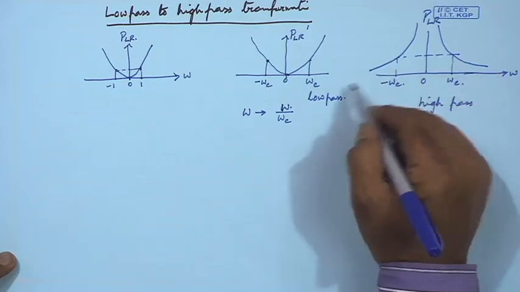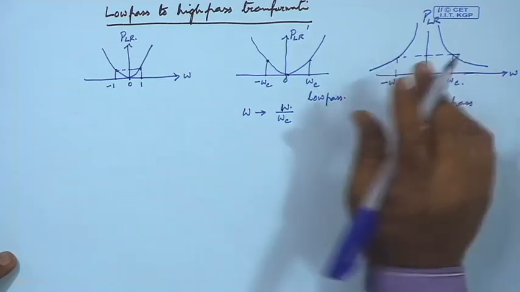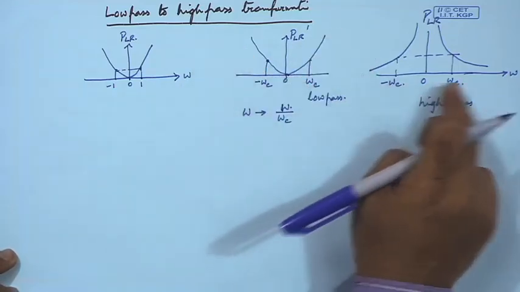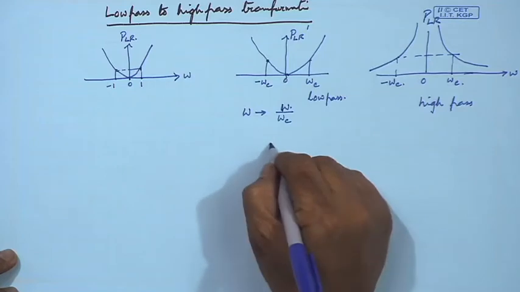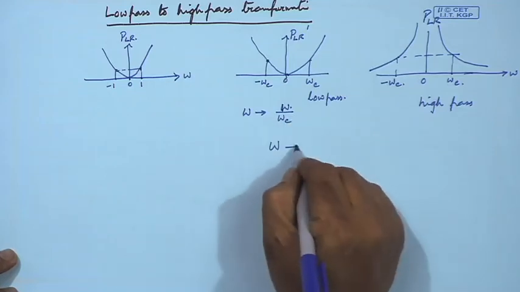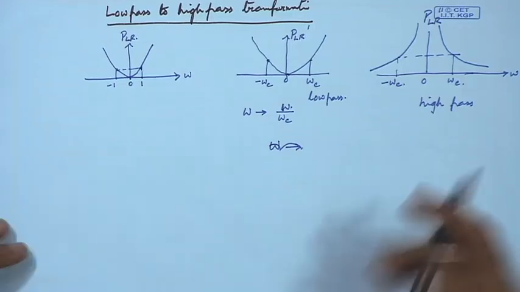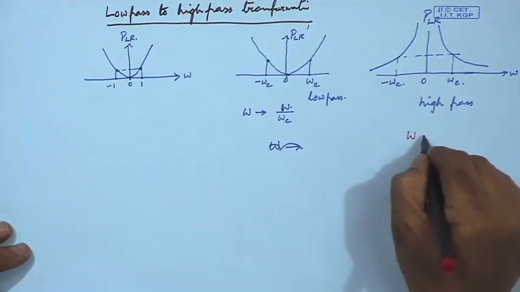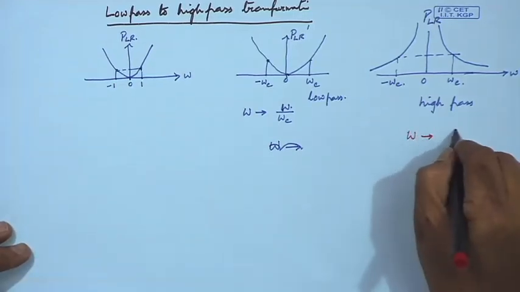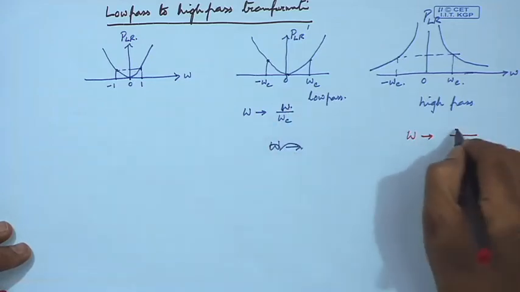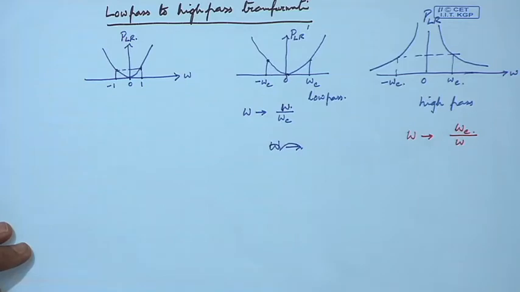Similarly, at minus omega c and thereafter it should fall. That means, I need a frequency variation inverse to this type of thing. So, here I write the low pass to high pass transformation, where omega comes down and this omega c comes up.